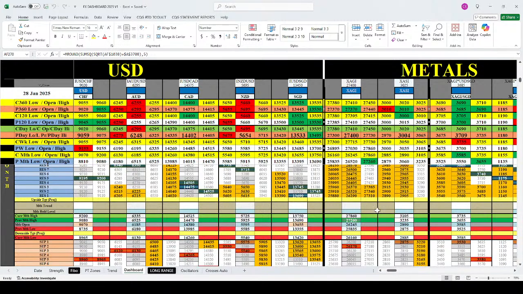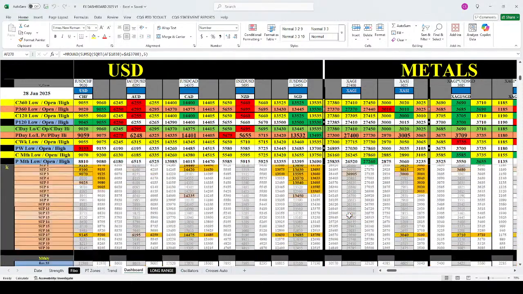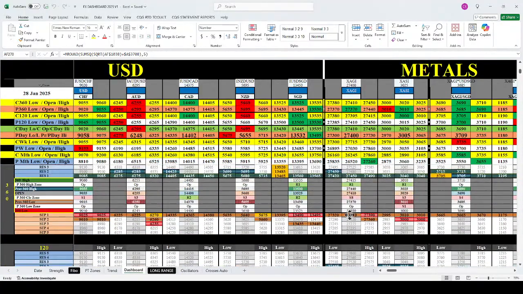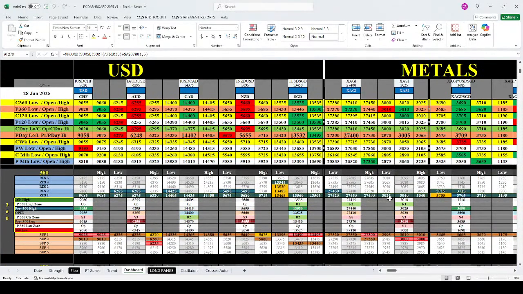The monthly support maximum we can see is that we should not see the price going below 2718. So these are the key levels we need to pay attention to for the market to turn up.